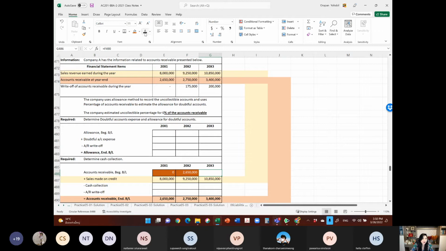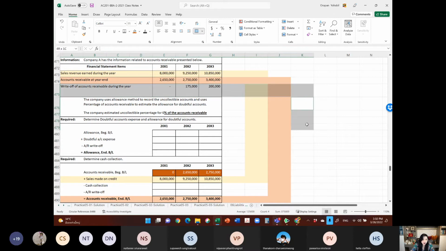And then for year number 3, the beginning balance would again be carried forward from the prior year balance, which is 2,750,000.